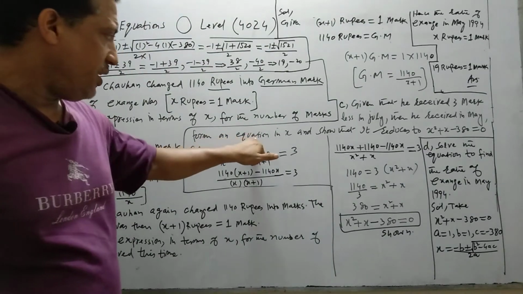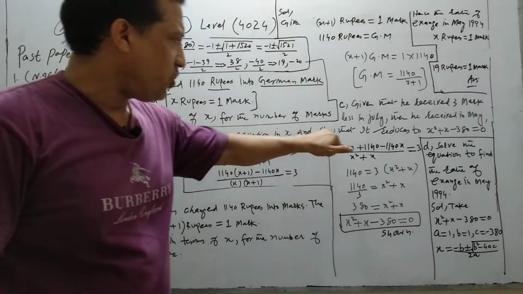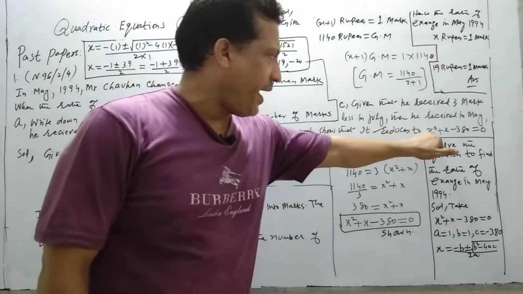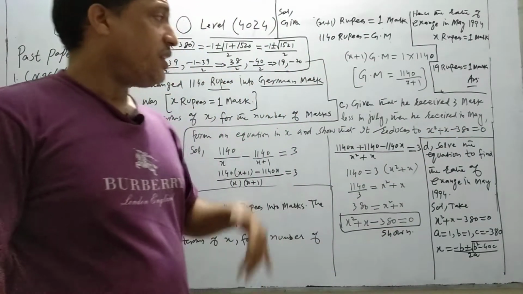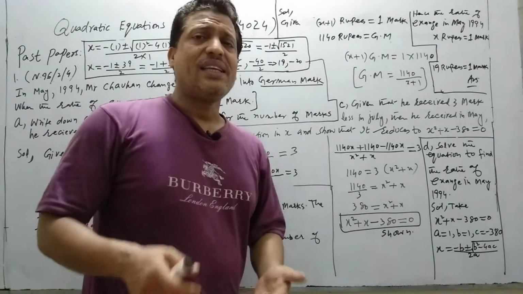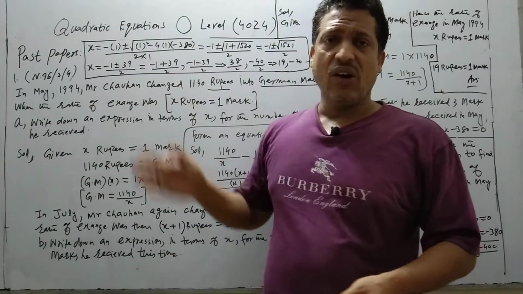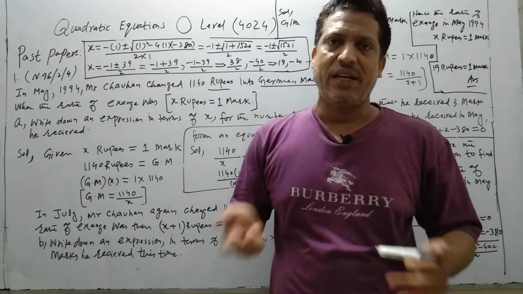Form an equation in x and show that it reduces to x square plus x minus 380 is equal to 0. This is what I told you. This is the application or daily life use of quadratic equation.